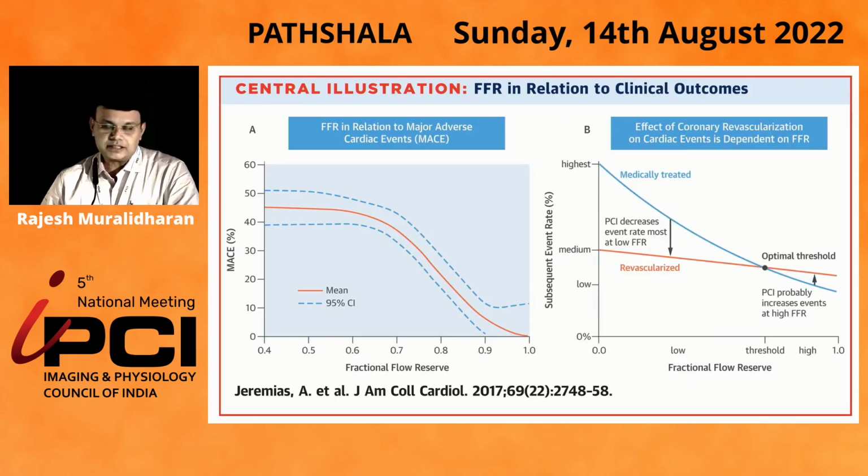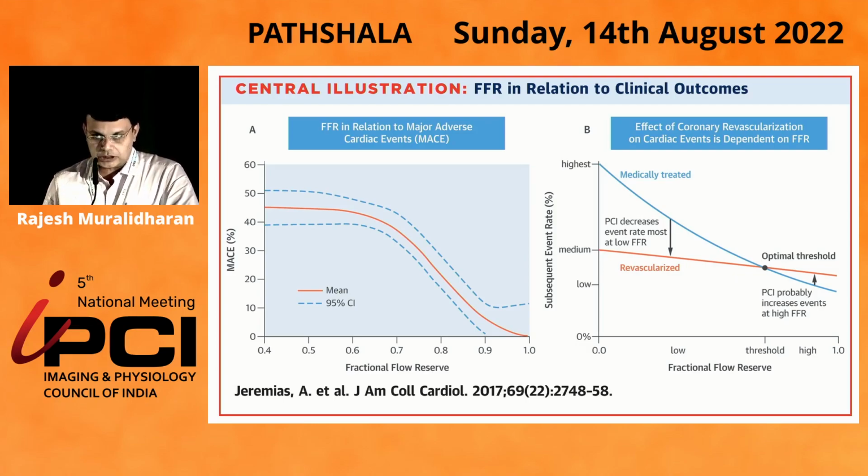Now, that brings us to the concept of the ischemic continuum, which is the very basis of measurement of FFR. As can be seen, when the FFR value dips from 1 down to, say, 0.7 and 0.8, the MACE values on the right keep on increasing, with the steepest rise occurring at somewhere in the FFR value of 0.8 to 0.6.